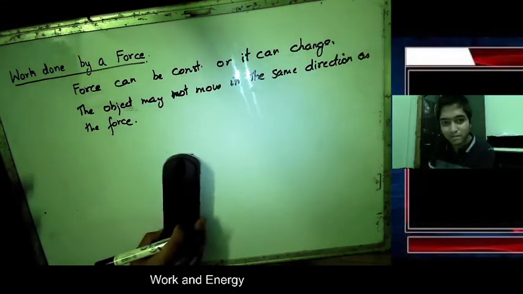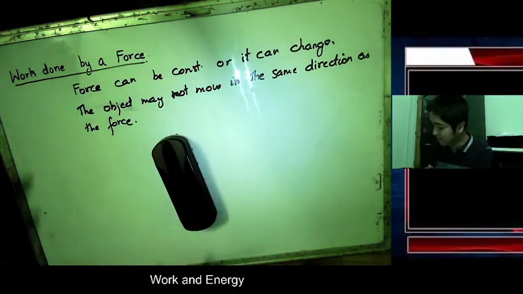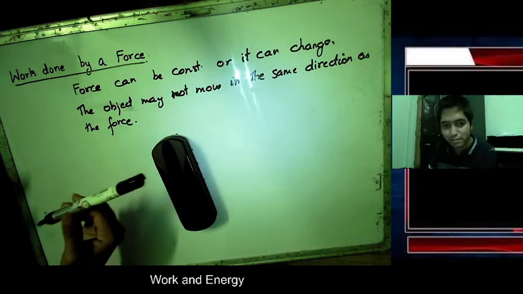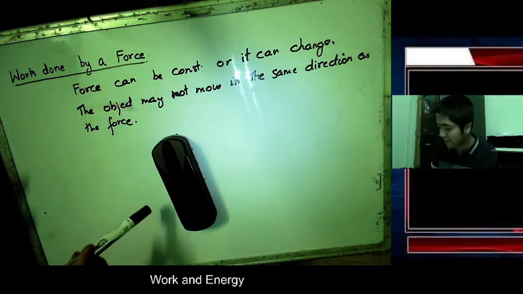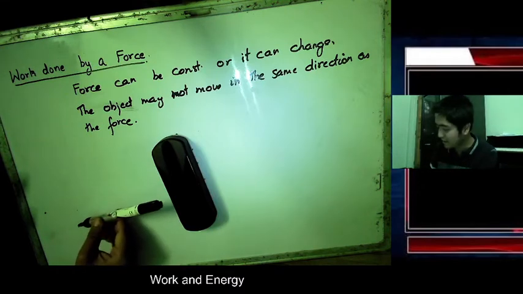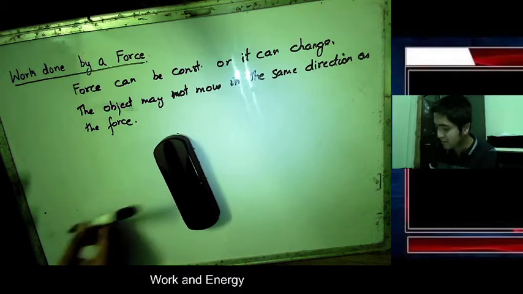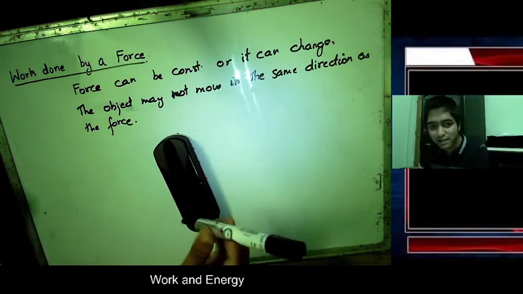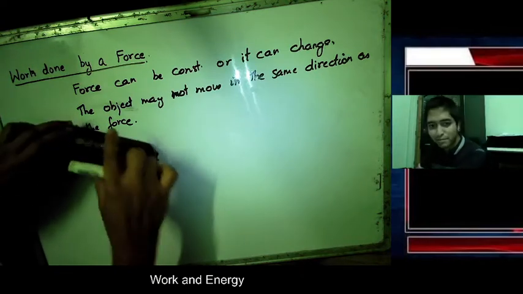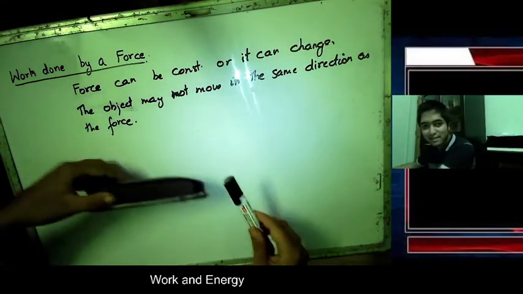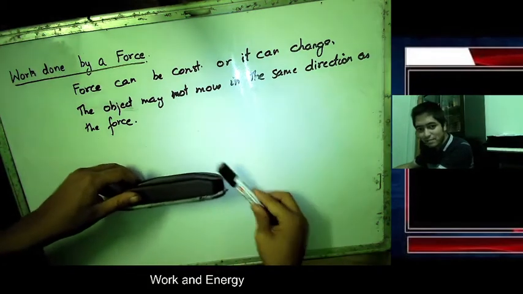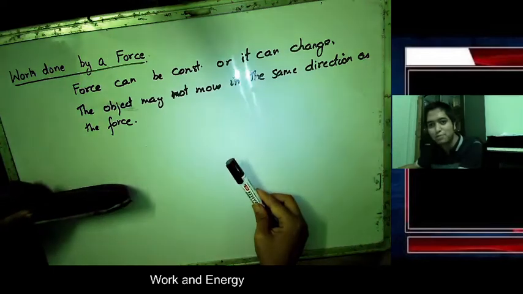For example, I am having this duster. You can see that I am tilting the pen a bit. If I am supplying a force in that side, but I am making it slightly slanted, even if I apply a force like this, sometimes the object may move in this way.